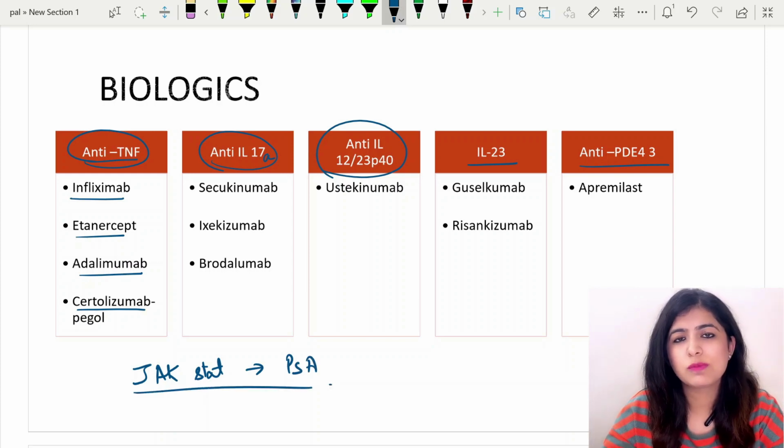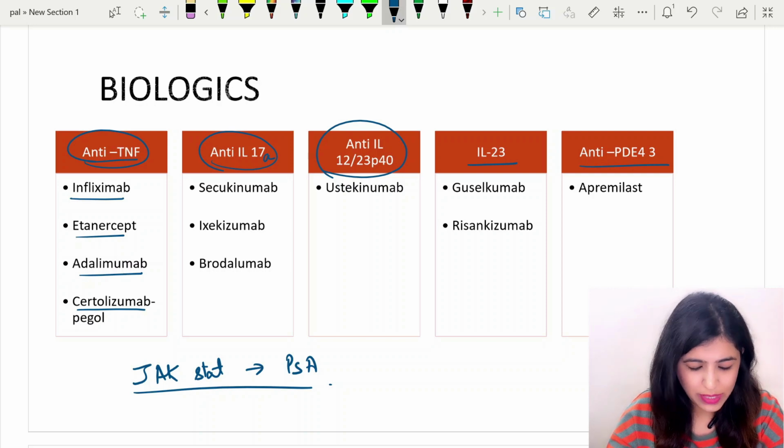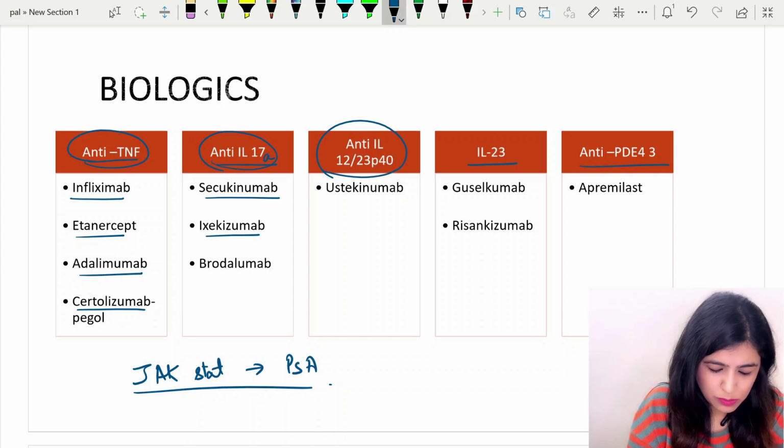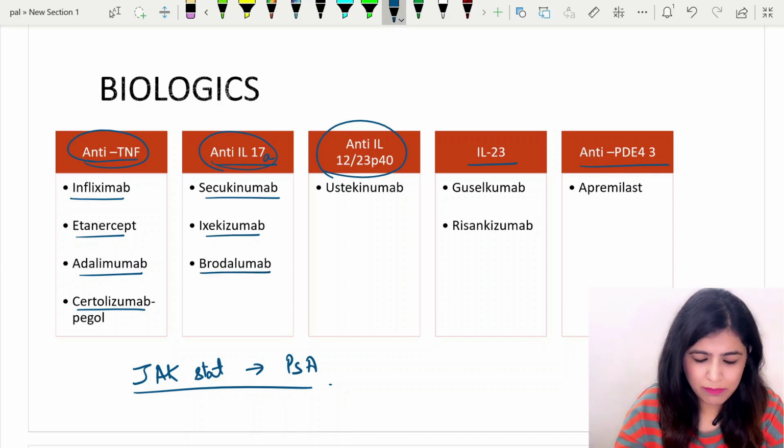So don't confuse between the biologics that are used in psoriasis and psoriatic arthritis. They may be different and not interchangeable. Okay. For interleukin 17A inhibitors, we have secukinumab, ixekizumab and brodalumab.